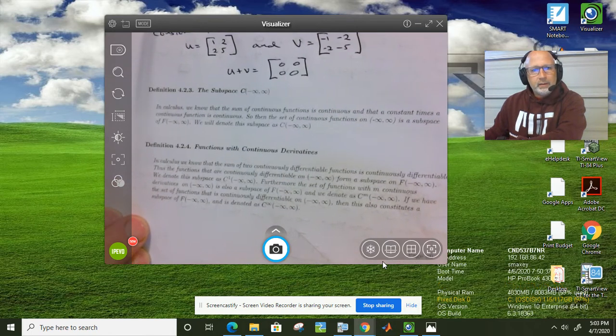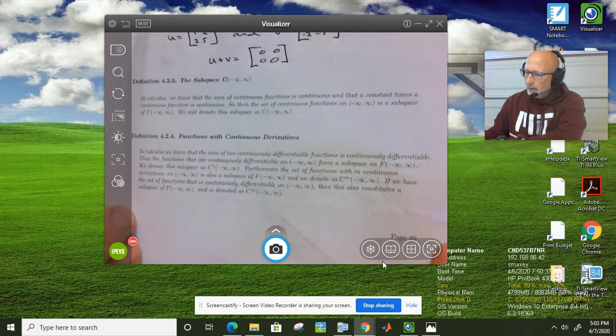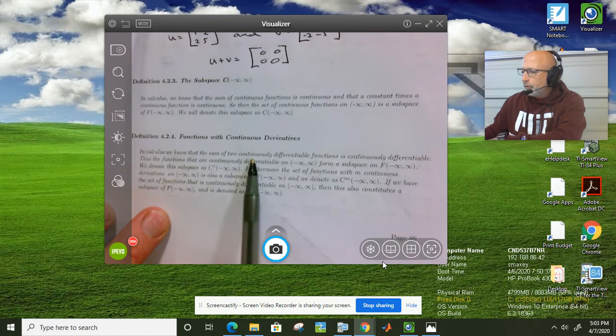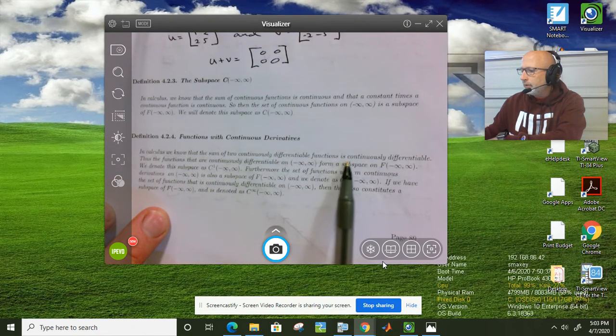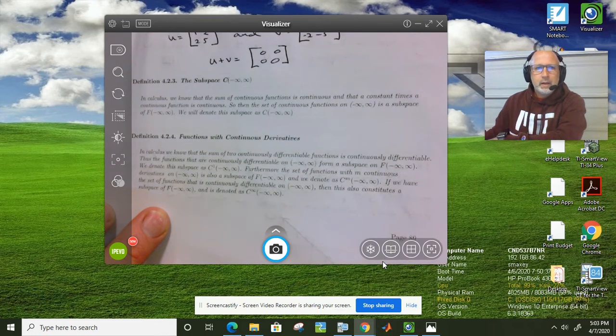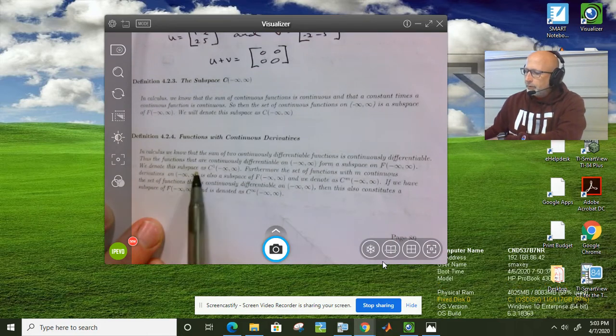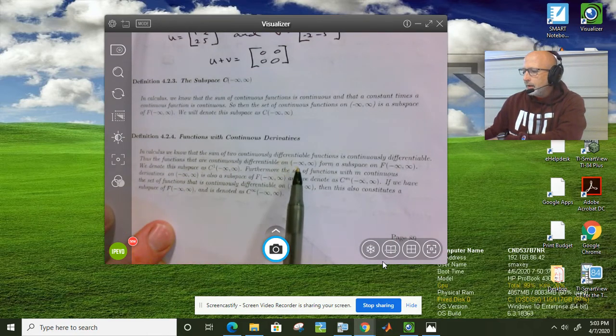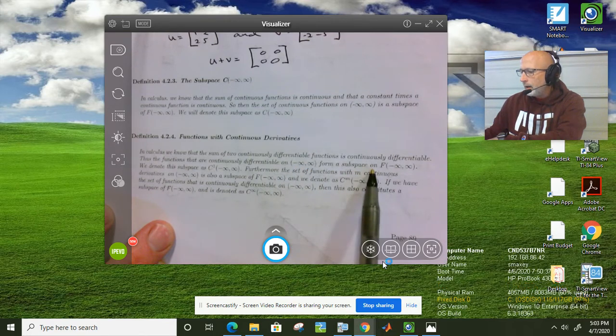We can take this a step further. In calculus, we know that the sum of two continuously differentiable functions is continuously differentiable. If you take two things that are continuously differentiable and add them together, you get something else that is continuously differentiable. Thus, the functions that are continuously differentiable on the interval from negative infinity to infinity form a subspace of F of negative infinity to infinity.